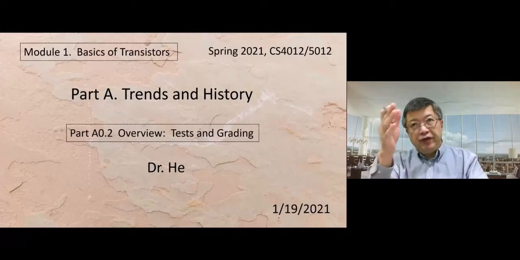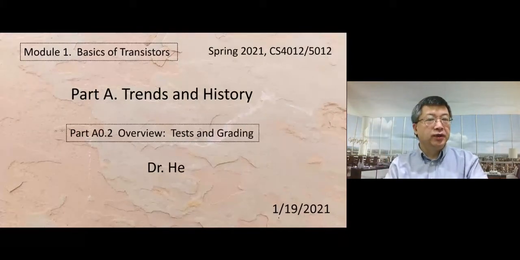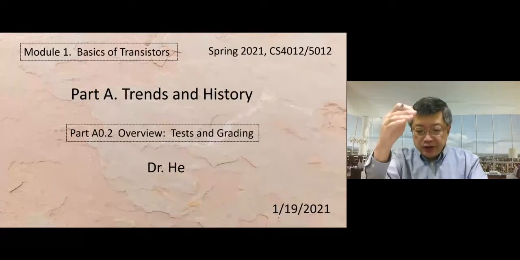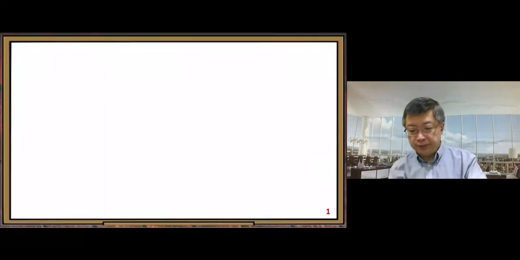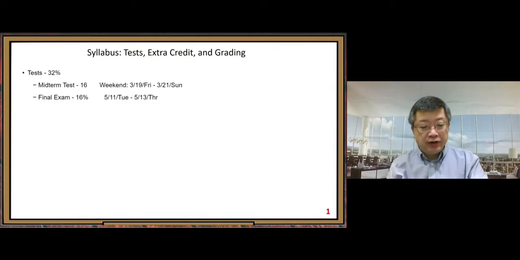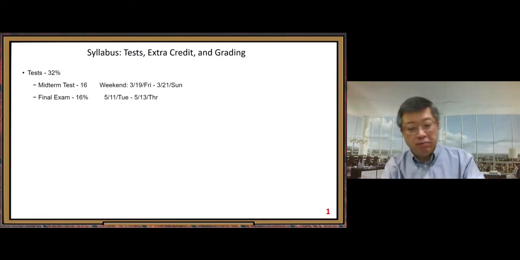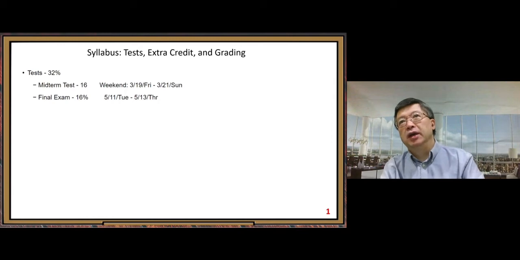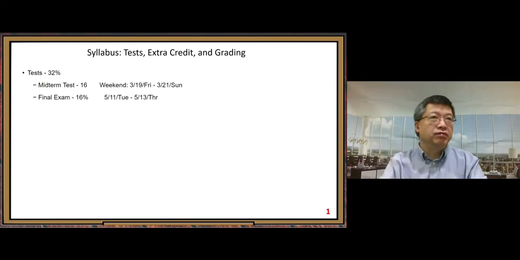This is the second video for the syllabus explanation, part A0.2, overview, tests, and grading. First, we will have two tests, a midterm test and a final exam. That's different from the regular course.